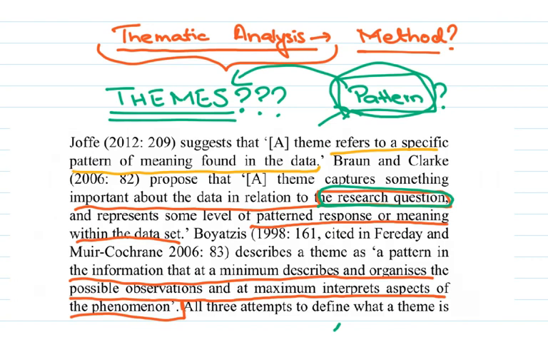And this pattern might at a minimum describe and organize the possible observations of your data set, and at maximum it might interpret it, right? What that means is something that we'll look into in more detail as we look at certain examples of thematic analysis, right? And we get into how exactly a thematic analysis is attempted.